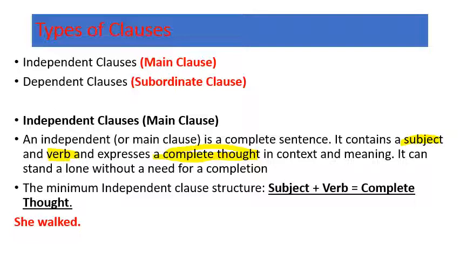If we look at this example, "She walked." This is the subject, and this is the verb. And it can express a complete idea without any need for more elaboration.